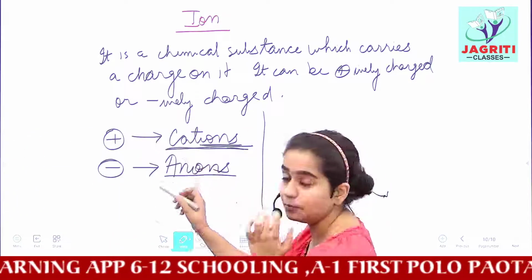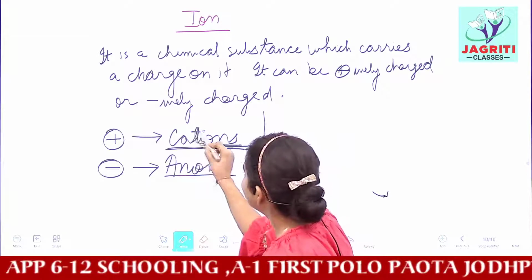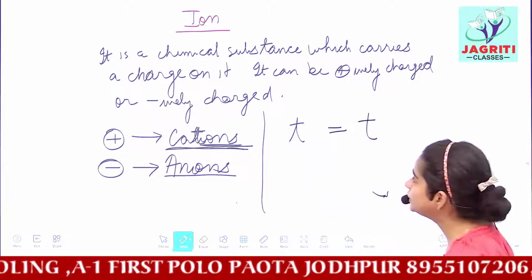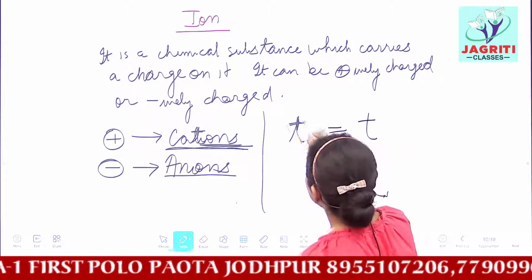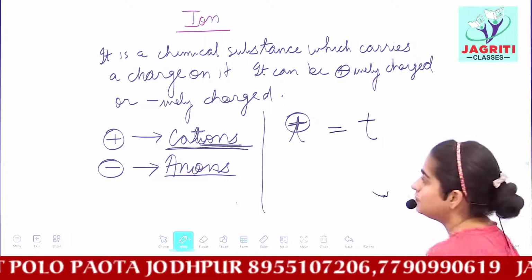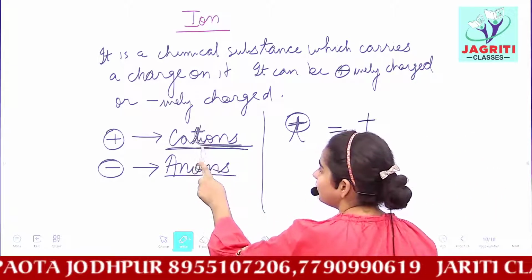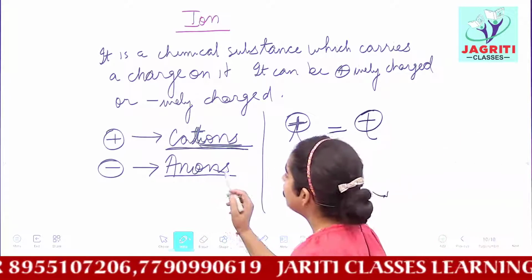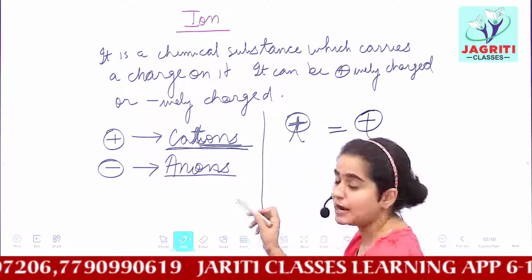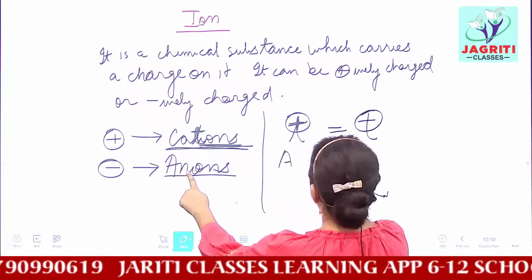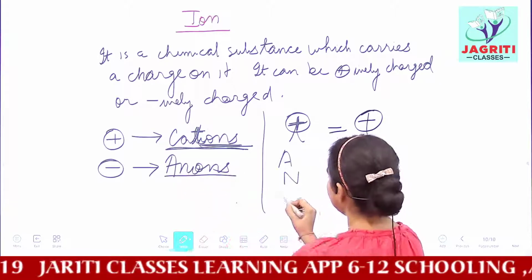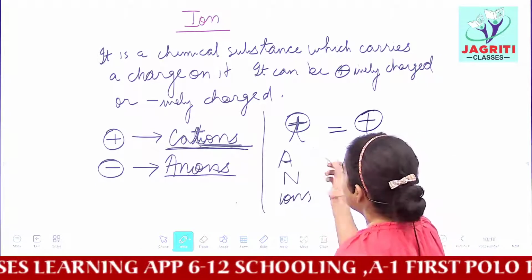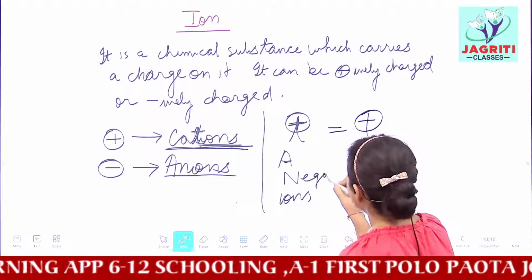To remember them, the word cation contains the alphabet T, and this T is similar to the plus sign, a positive charge. So you can remember that cations, as they contain the alphabet T, are positively charged. And if I break the word anion into 3 parts, a capital A, then a capital N, then the word ion. So if I try to expand this, A is A, N means negative.